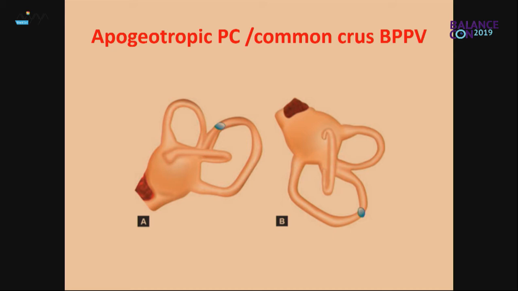Because posterior canal will cause upbeating torsional, and anterior canal, because it will do stimulation for both the anterior and the posterior canal. So you have simultaneous stimulation of the anterior and the posterior canal. Posterior canal, upbeating torsional. Anterior canal, downbeating torsional. So the up and the down will cancel each other. You have a dual component of torsional nystagmus. So that's why you have intense torsional nystagmus.